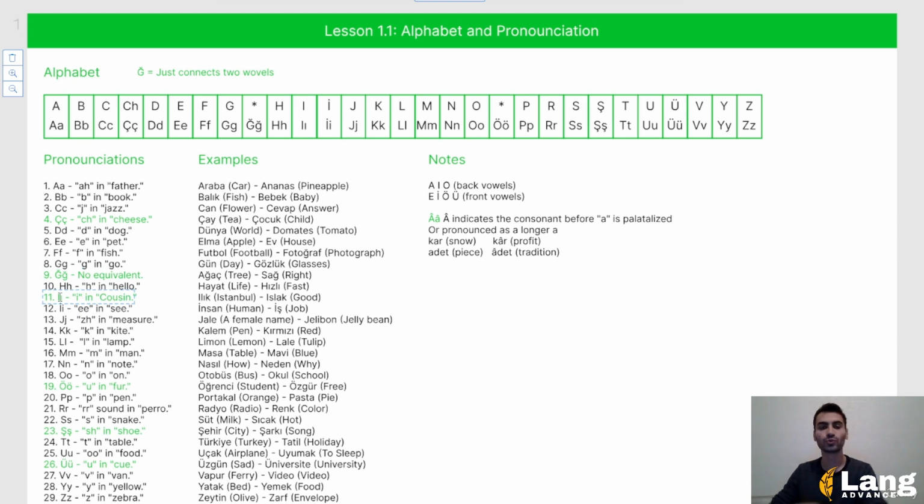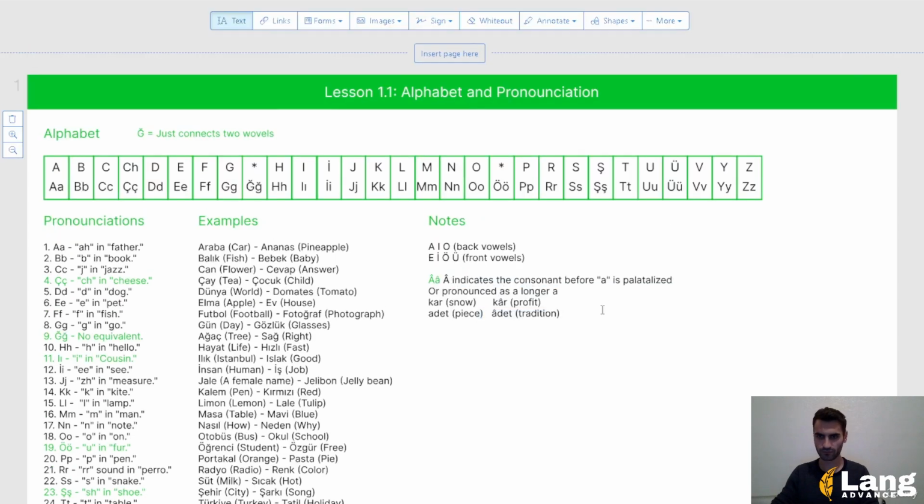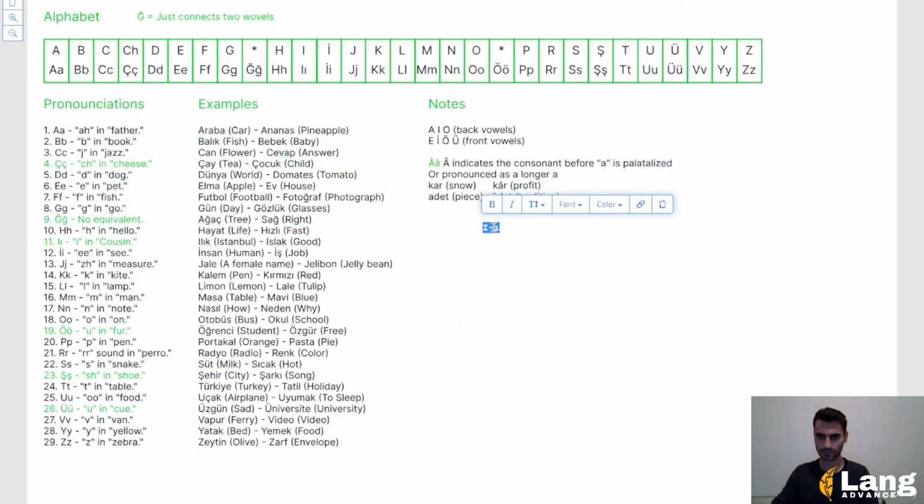Okay, there are two I's, like in cousin, this one, and this is without a dot. So let me show you. This is like in cousin.